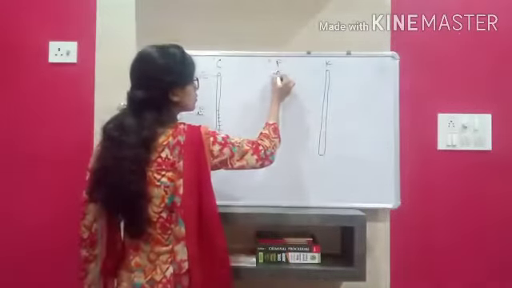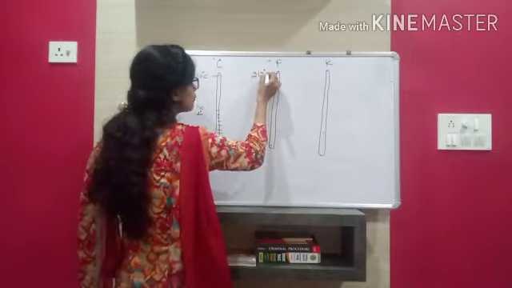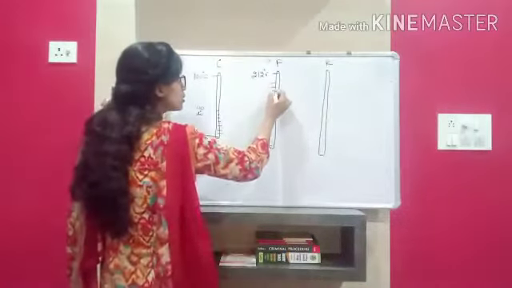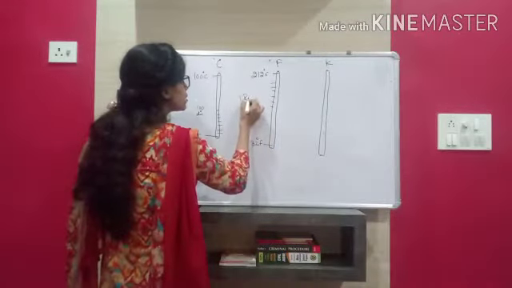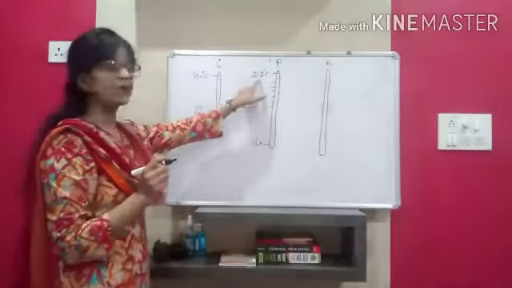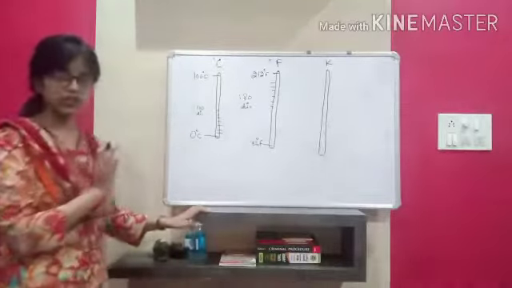The boiling point is 212 degree Fahrenheit, and this thermometer has 180 divisions. You can see from 32 to 212 there are 180 divisions. These are the two scales we have.